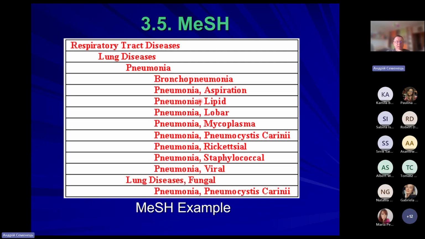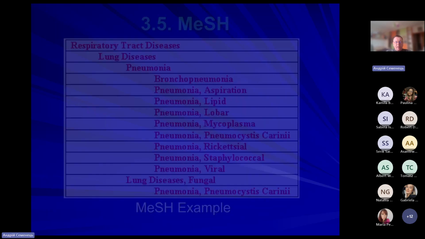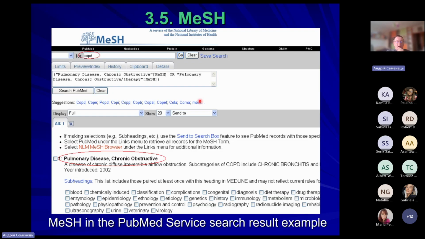And here we could see an example of MeSH structure. And here is how we can search for documents published on these diseases. Just check this checkbox and start the search in PubMed. And here is PubMed Advanced search with MeSH.